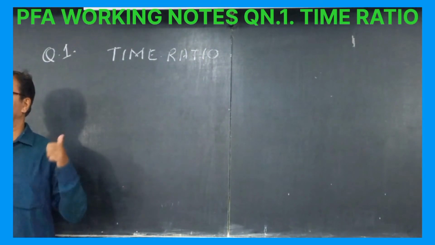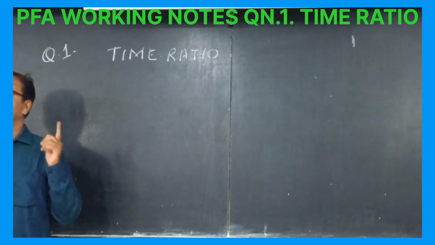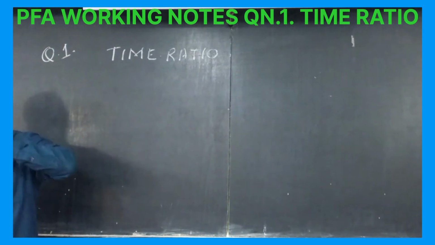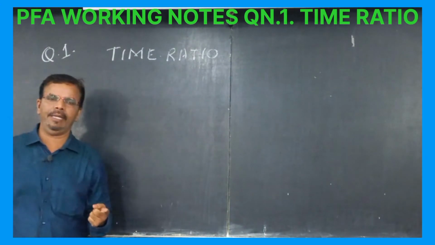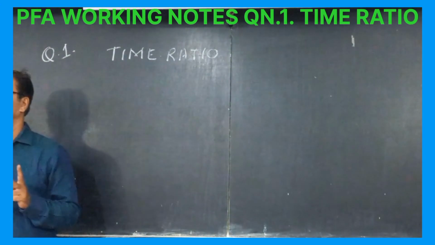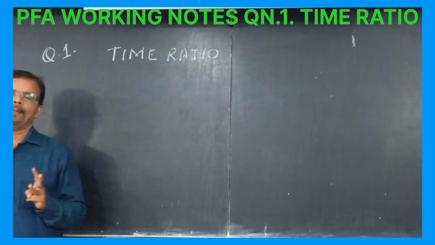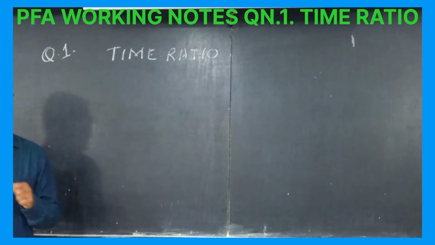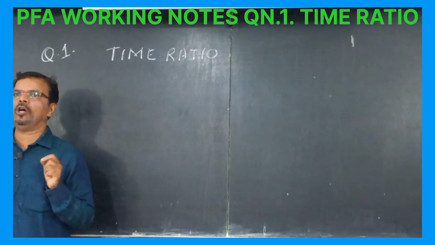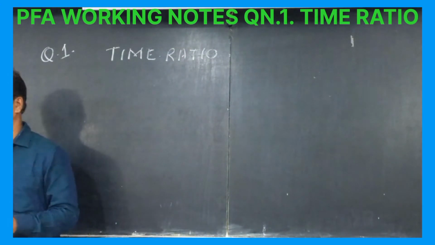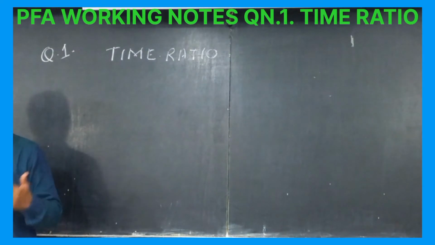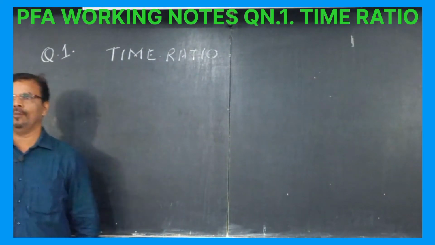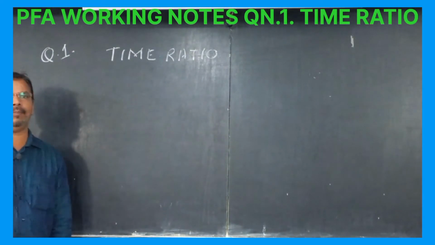Because all the fixed expenses we have to divide pre-post in the profit and loss account. For example, salary, rent, insurance, audit fees, legal fees, depreciation on furniture, each pre-post. So all the indirect expenses will always be divided in the time ratio. So let's find the time ratio.